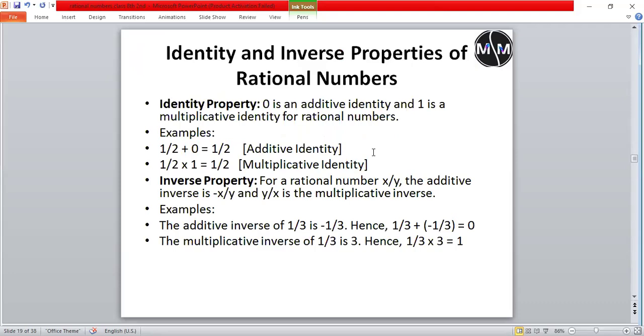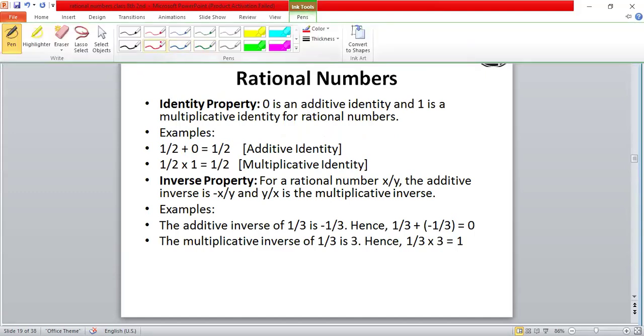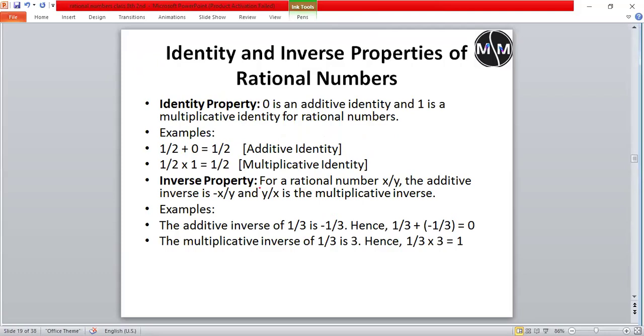Inverse property for rational numbers x and y. For a rational number x by y, the additive inverse is minus x by y, and y by x is the multiplicative inverse.